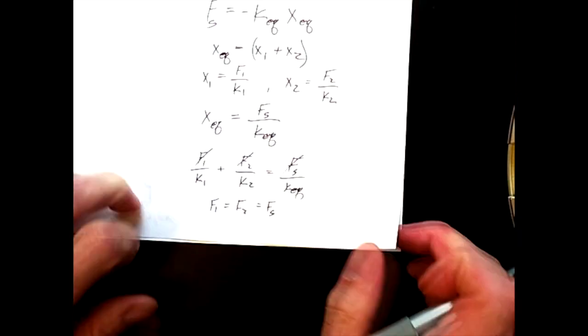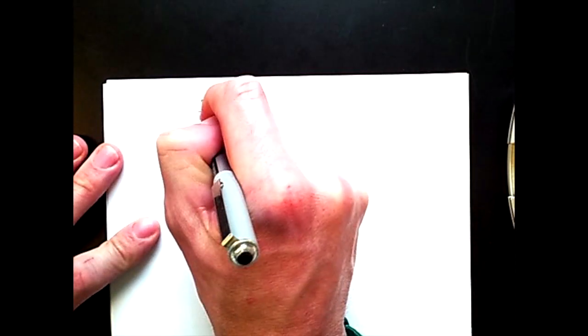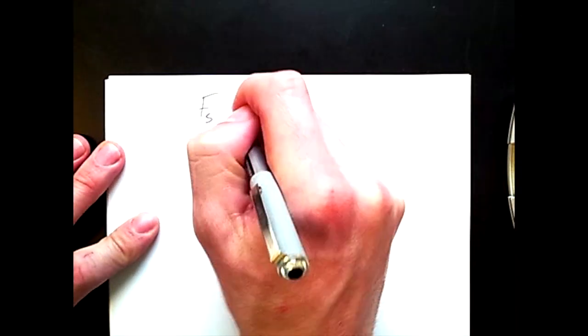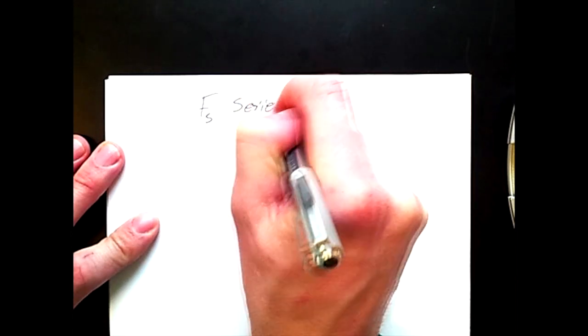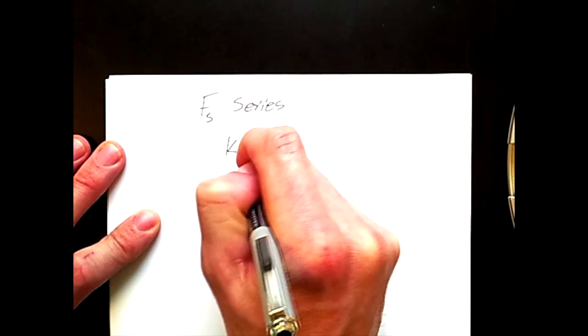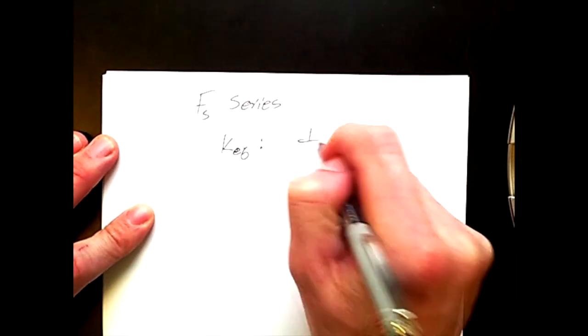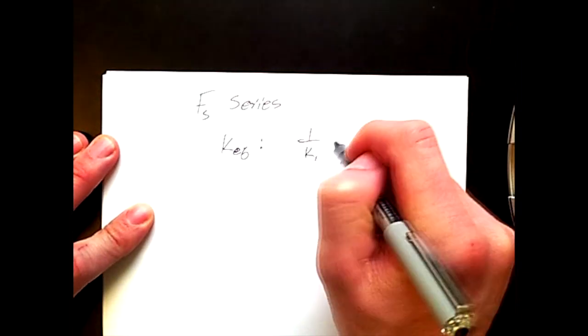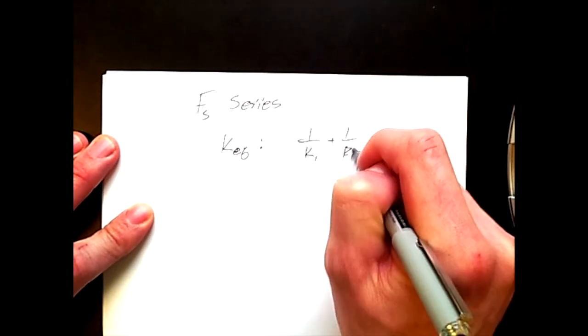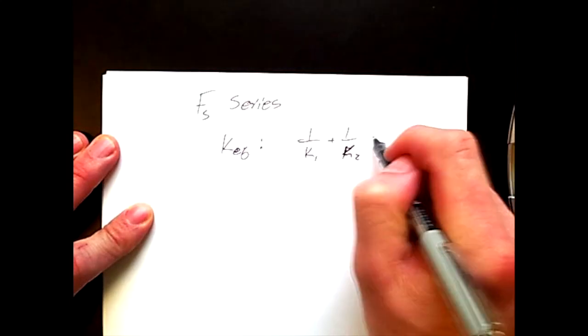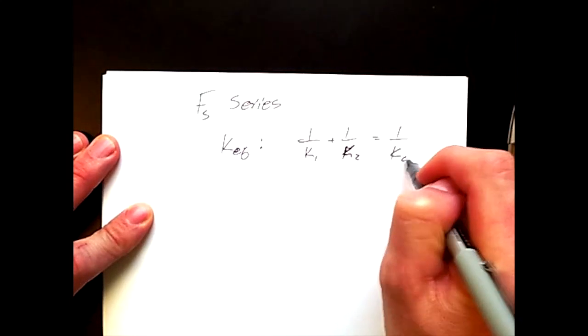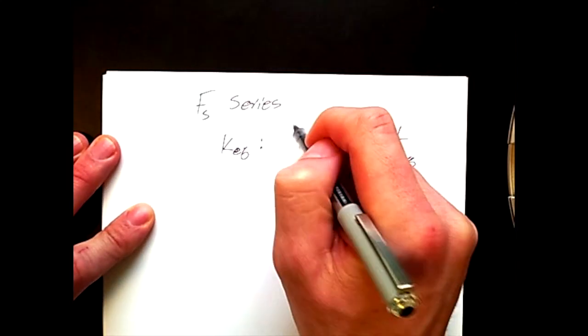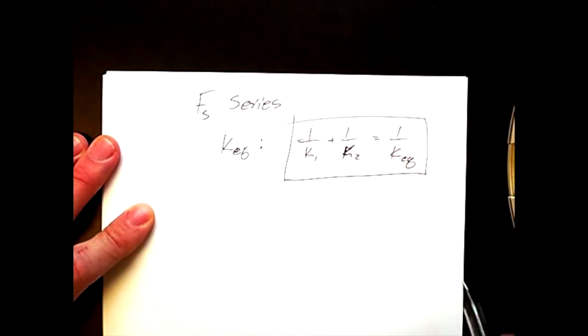They cancel out. This yields a result for the force of a spring in series combination as having a k equivalent that can be calculated through the relationship of 1 over k1 plus 1 over k2 equal to 1 over k equivalent. And so this is how we would calculate k equivalent.